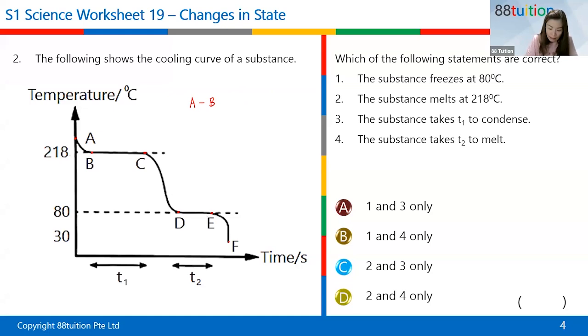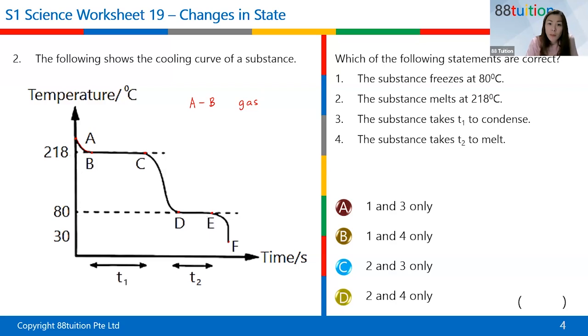In this part, the temperature goes down all the time, so there is no change in state. Change in state is always represented by a horizontal line. So this is a gas.